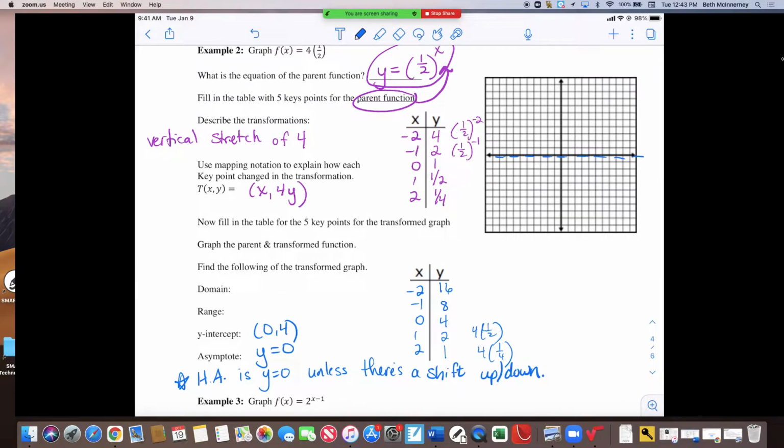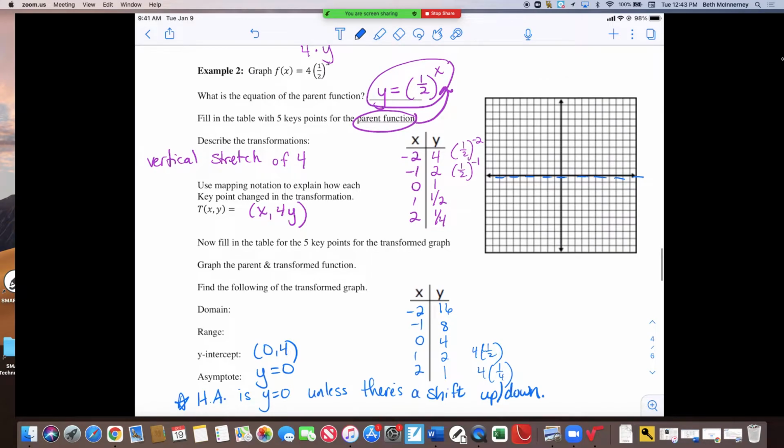Now, we can do one of two things here. We can either change the scale, or we can say, okay, (-2, 16) is way up there, and kind of eyeball it, because that's the only one off the grid. I'm okay with either. I'm going to leave it by 1s.